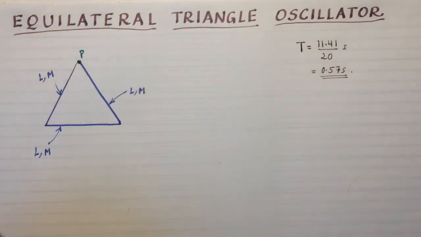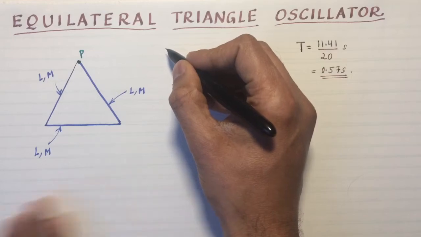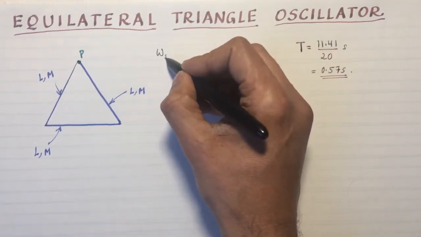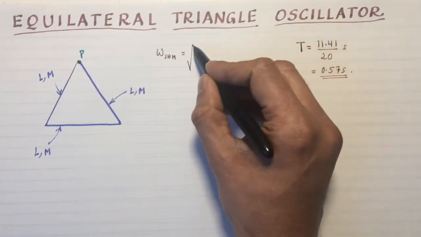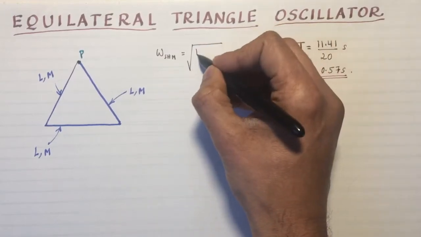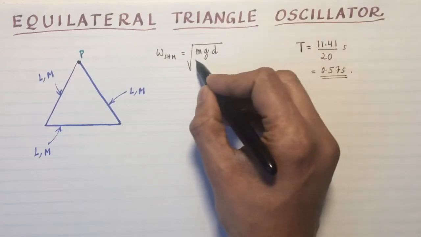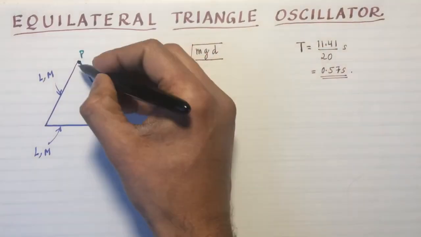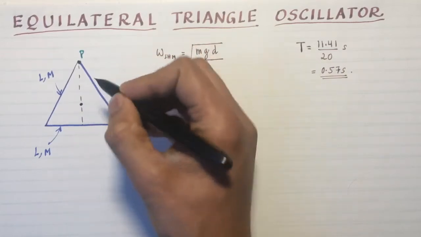So the moment of inertia of an object like this pivoted about point P is given by our classic physical pendulum simple harmonic oscillation frequency formula, and that is the square root of the mass of the oscillator times the acceleration due to gravity times the distance between the pivot and the center of mass. So the center of mass is somewhere here.